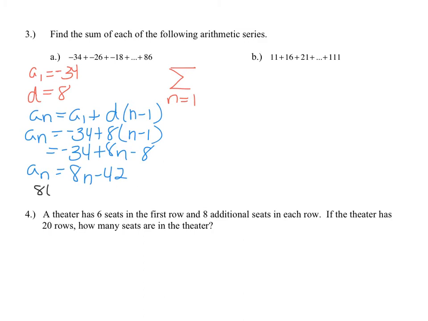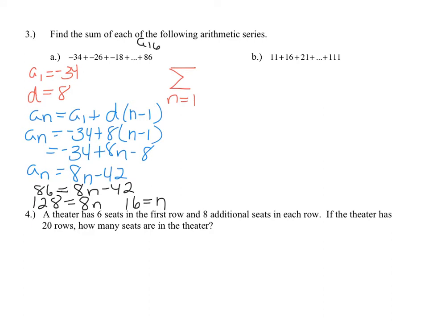So 86 equals 8n minus 42. I'm looking for the n, the term that will give me 86. So I'll add 42 to both sides. I get 128 equals 8n. I'm going to divide each side by 8 and end up with 16 equals n. So 86 is the 16th term. So that is a sub 16.